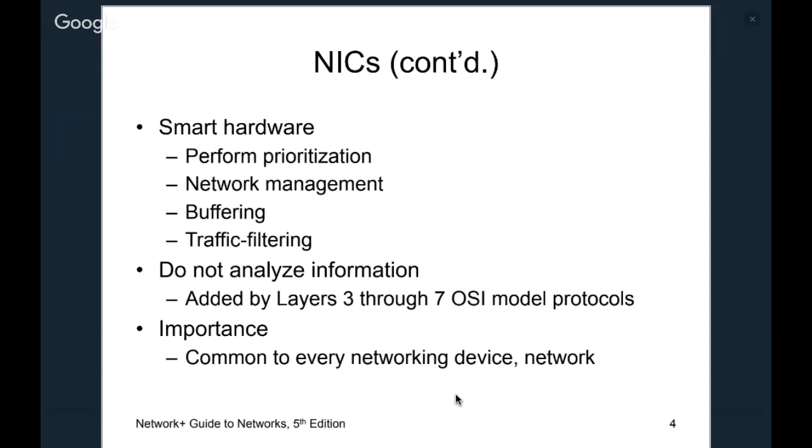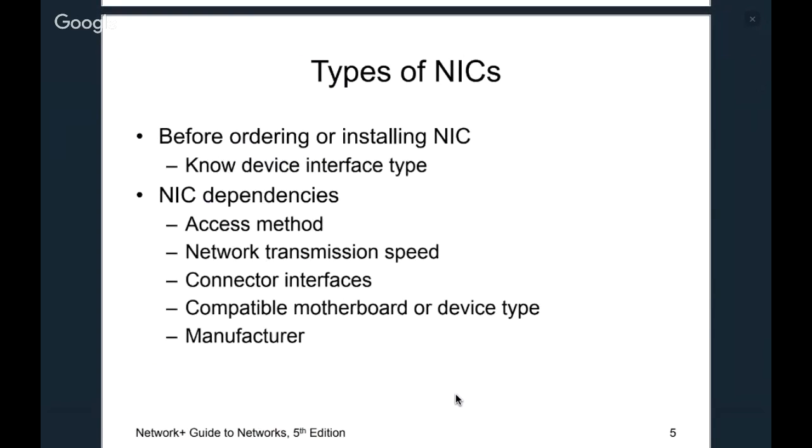Importance: every network needs a NIC card. Every phone, every tablet, every desktop, laptop, anything that basically uses the network, even your TVs, has a certain type of NIC card for the networks to work through. So before you order a NIC to install on your computer, you need to find out from your manufacturer what type of NIC card your computer can take.